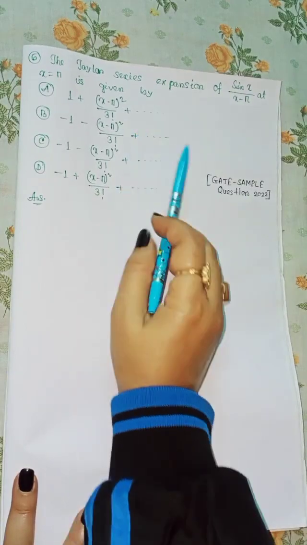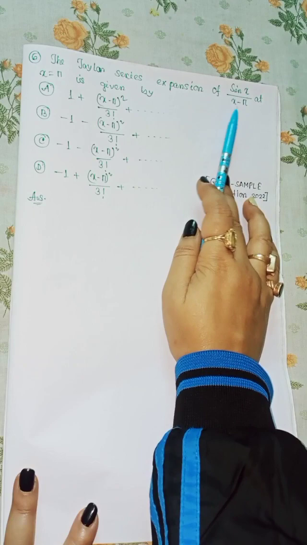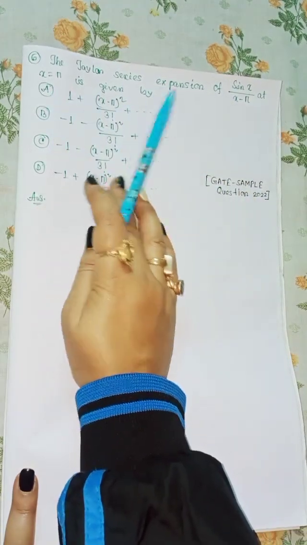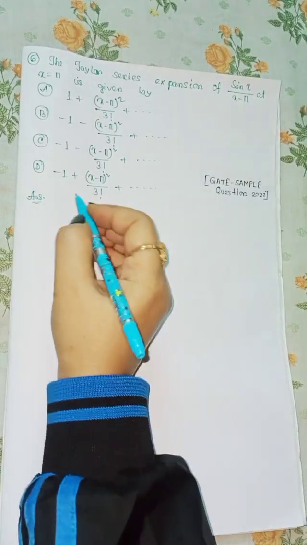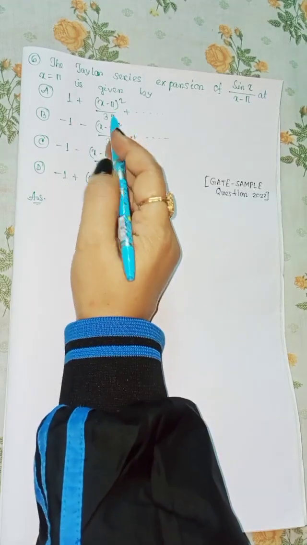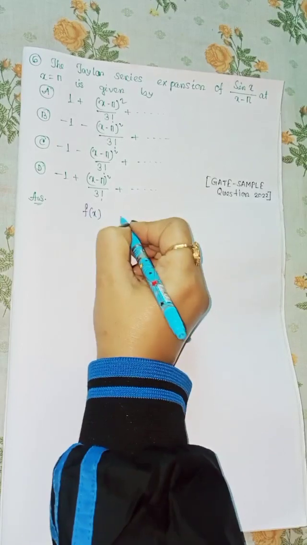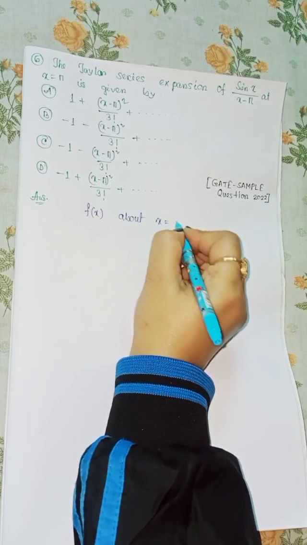this question is regarding Taylor series. The Taylor series expansion of sin x by x minus pi at x is equal to pi is given. 4 options are given. So now here f x about x is equals to a.